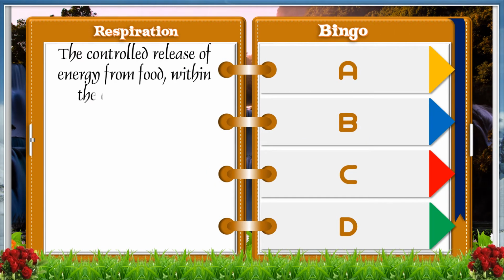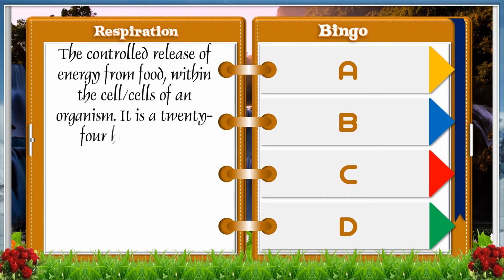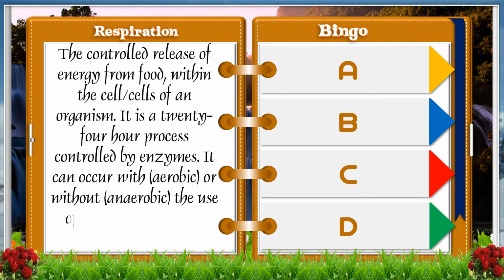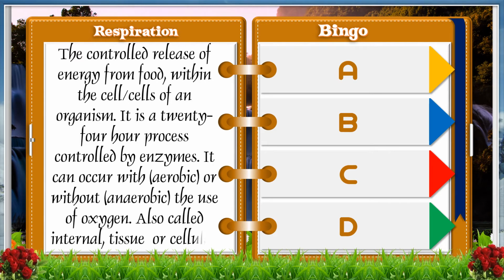The controlled release of energy from food within the cell of an organism. It is a 24-hour process controlled by enzymes. It can occur with or without the use of oxygen, also called internal, tissue, or cellular.